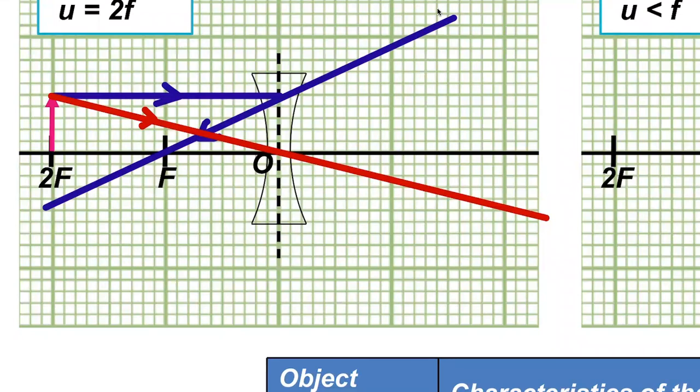This intersection produces the image. Because the arrow is quite small, it should actually be dotted lines because it is a virtual image. So this is the image there.